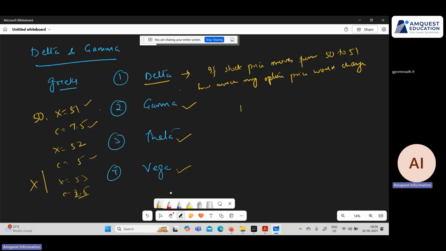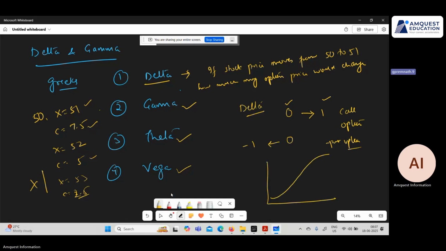The delta goes from 0 to 1 for a call option, and it goes from 0 to -1 for a put option. So from out of the money to in the money, you would see a delta of this, and obviously the curve is not a straight line.